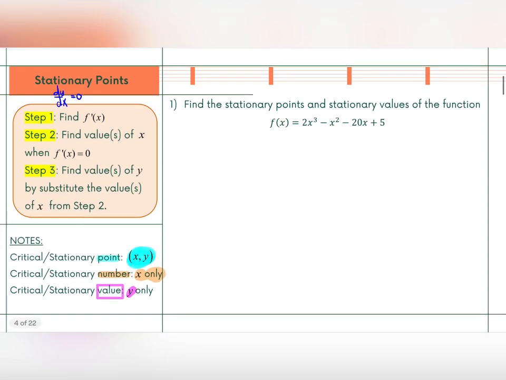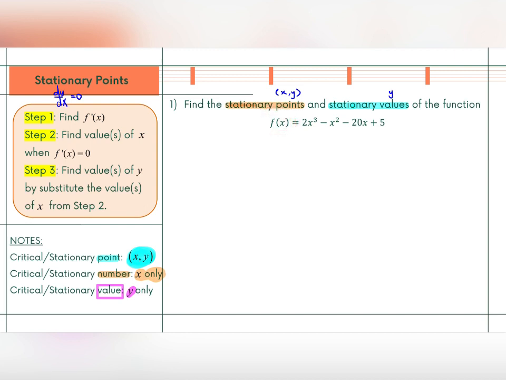Okay, now kita tengok example lah. So, untuk example soalan ini adalah find the stationary points and the stationary values. So, bila points, we are going to write our answer as coordinates. Dan bila dia minta value, kita akan bagi jawapan of y sahaja. Okay, now first of all, let's find out the derivative untuk our f x.